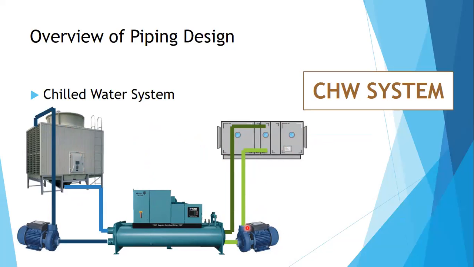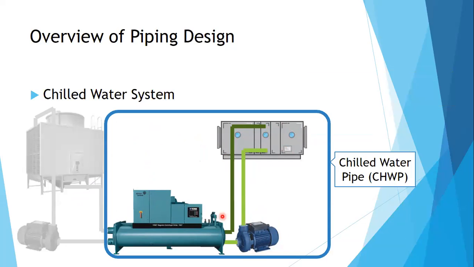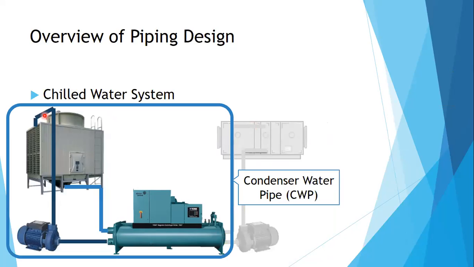This chilled water system is divided into 2 more parts. First, the chiller and the air handling units, or your terminal units. This is called the chilled water piping system. The other side, the cooling tower and your chiller, is called the condenser water piping system.